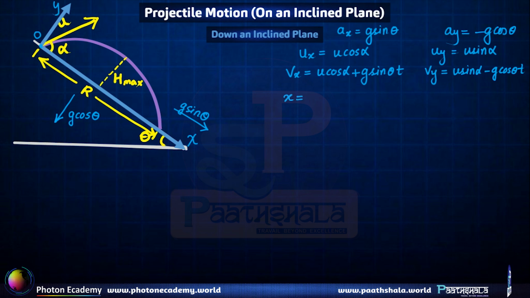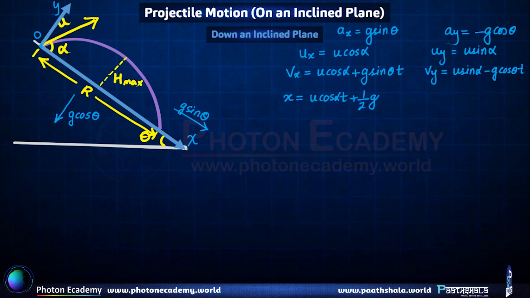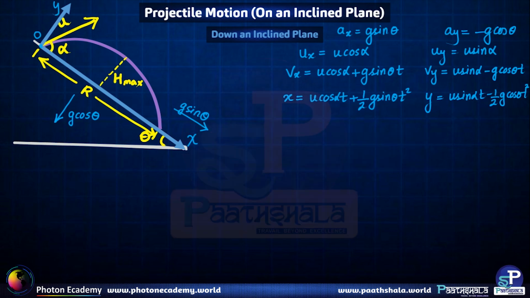X happens to be equal to u cos alpha t plus half g sin theta t square, and y happens to be equal to u sin alpha t minus half g cos theta t square.